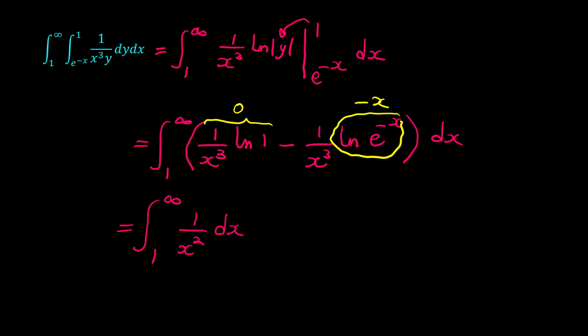Now for finding this improper integral, first we have to integrate this and then we have to substitute infinity and 1 for x to find the value of the integral. But attention, because infinity is not a number, when we substitute infinity for x, when we integrate this is not mathematically right.